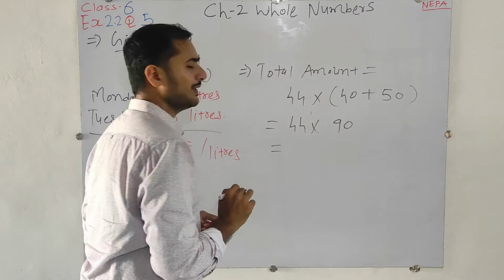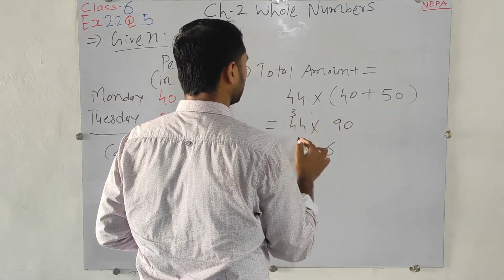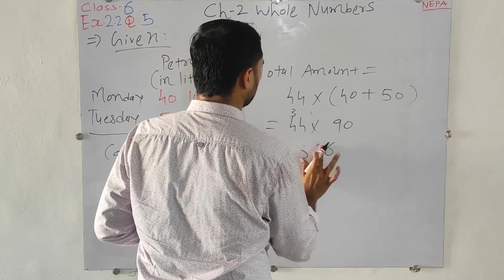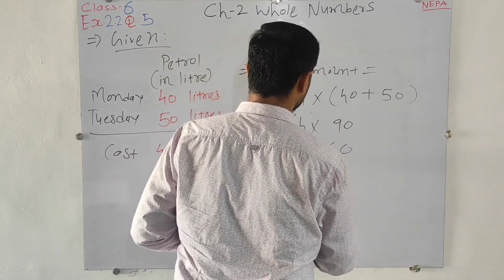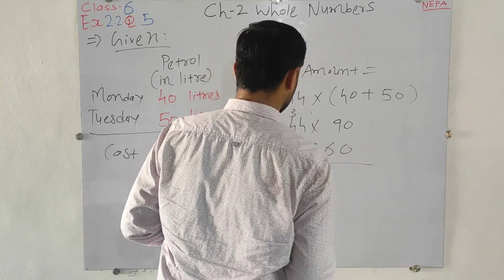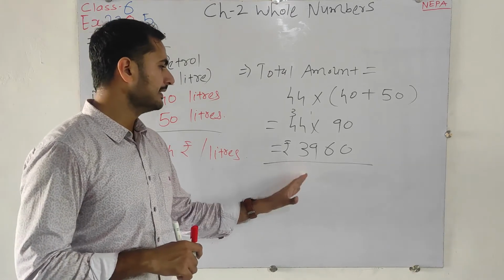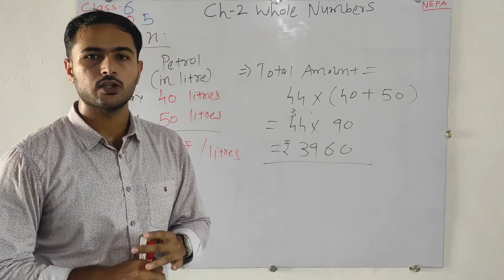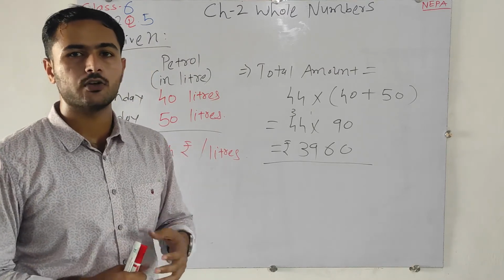So simply do the multiplication. 9 4s are 36, 9 4s are 36 and 3, that is 39, and 0. So the total amount the person spent for the petrol for 2 days is 3,960. Okay, so this is question number 5. Just pause the video and note it down.